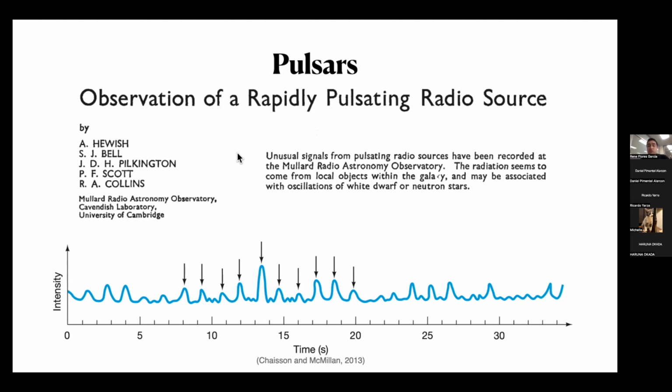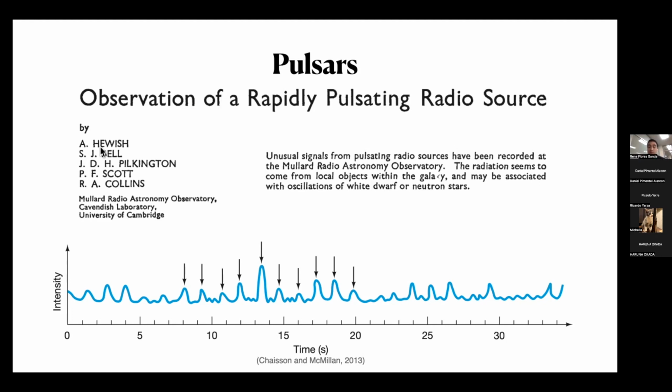Another interesting story about this is that the discovery of pulsars led to a Nobel Prize in 1974, if I'm not mistaken. However, even though Jocelyn Bell did most of the work on this paper and she was the one who detected it, she did not get a share of this Nobel Prize. Instead, her advisor and some collaborators were the recipients of this Nobel Prize.